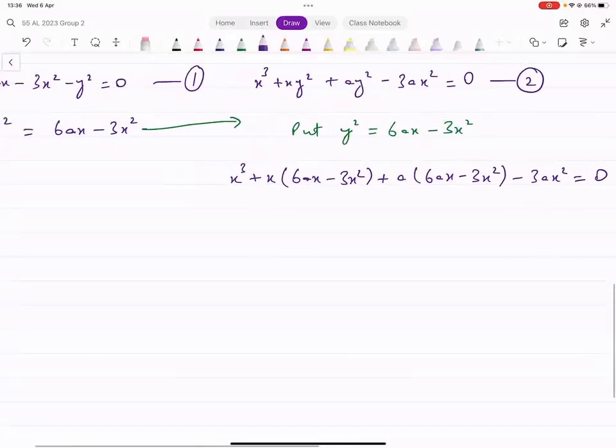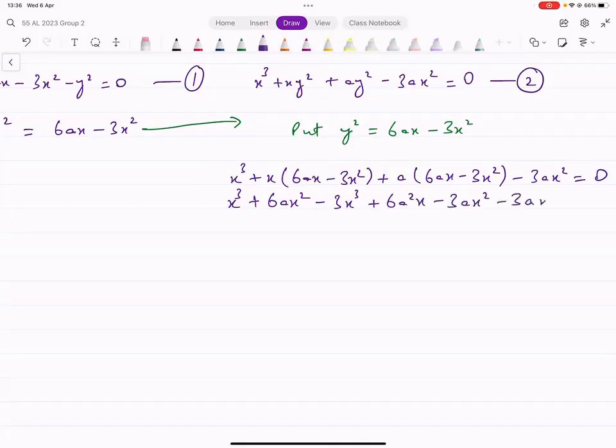And now we have to solve this. We simplify this, and it gives us x cubed plus 6ax square minus 3x cubed plus 6a square x minus 3ax square minus 3ax square equals 0. 6ax square minus 3x square minus 3x square, they all get cancelled out.